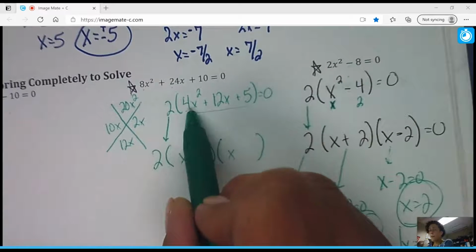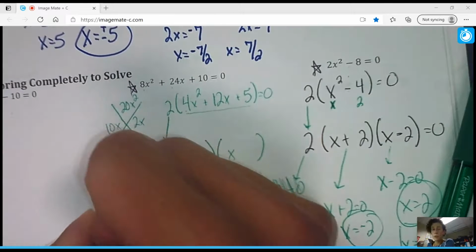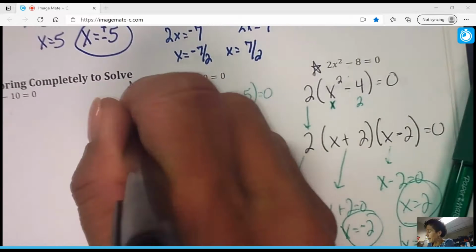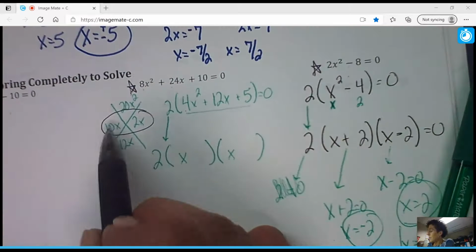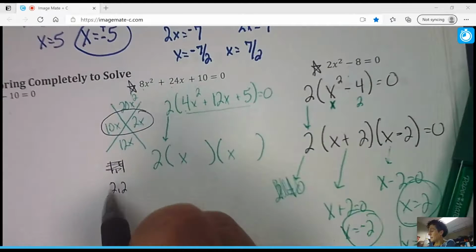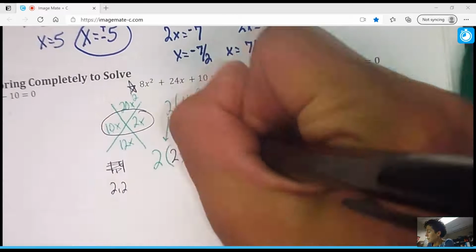And when I go for 4, I have to realize that 1 and 4 can make 4, or 2 and 2. And the choice I want is not 1 and 4, because I'm trying to get these side numbers. And while 1 can make both of those, 4 can't make either. So that leaves this out. But this 2 can make 10, and this 2 can make that 2. So I'll drop 2's in here.